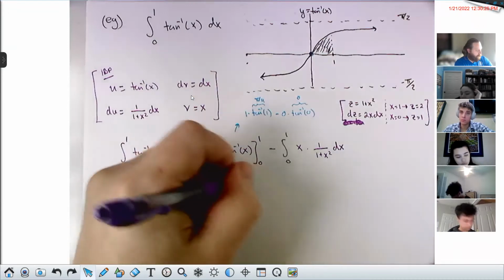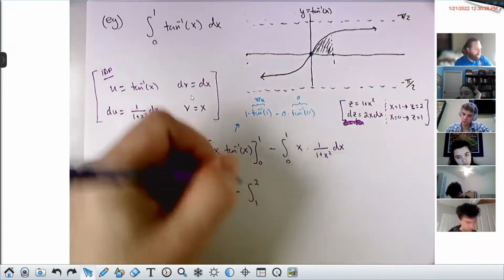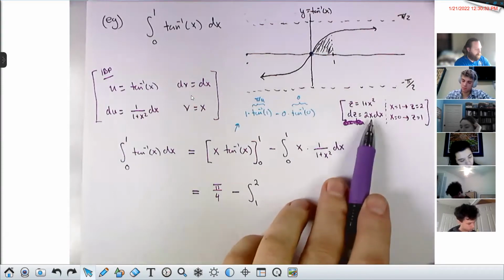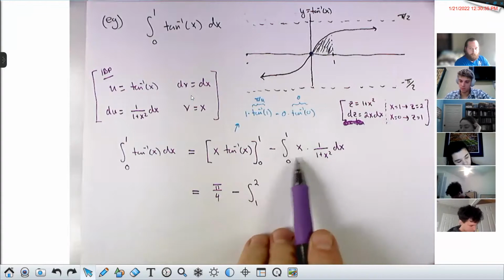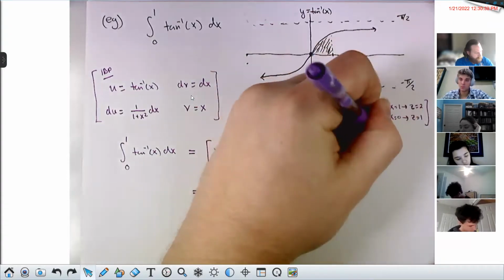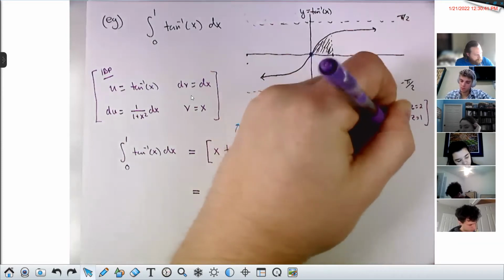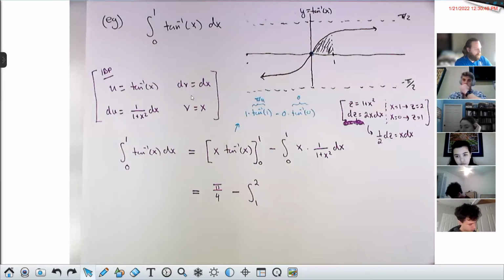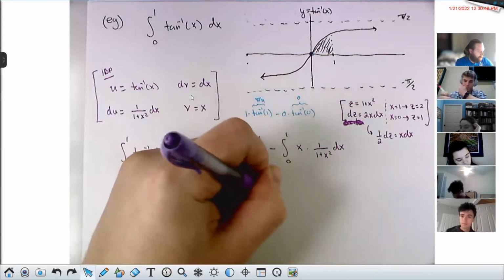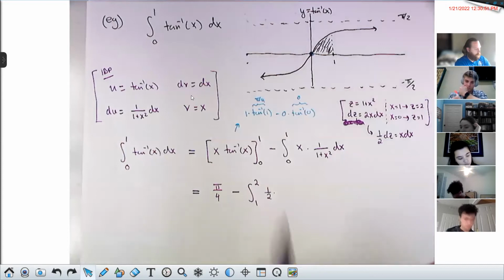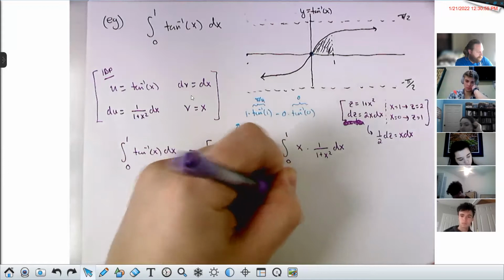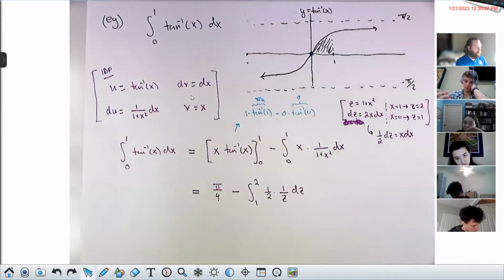So this integral is going to become the integral from 1 to 2 of, dz was 2x dx. So here's my x dx. That's going to get soaked up by dz. This says 1/2 dz is equal to x dx. There's going to be a 1/2. And then 1 over 1 plus x squared is 1 over z. So it's 1/2 times 1 over z dz.